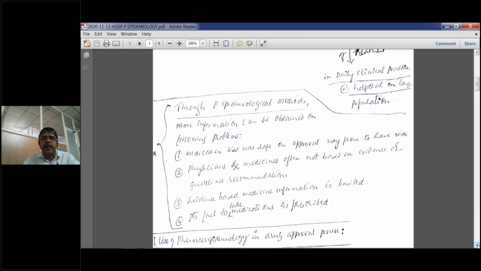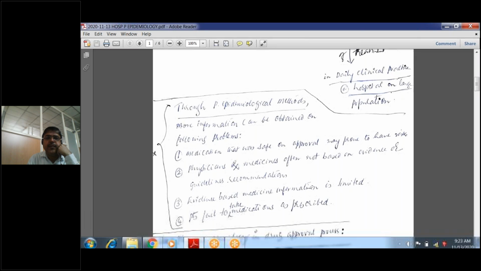The next concept is why hospital pharmacoepidemiology is so important at the hospital setup. First one is that medication that was found safe on approval may prove to have risk.